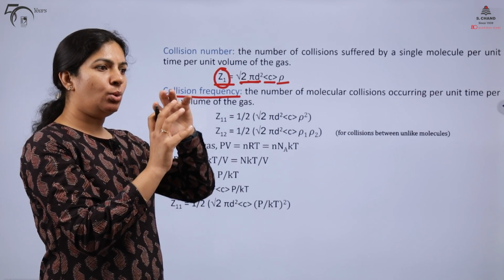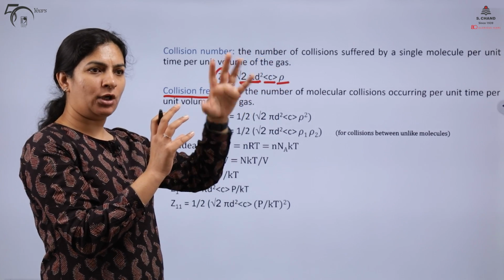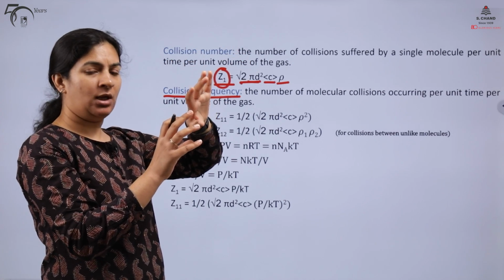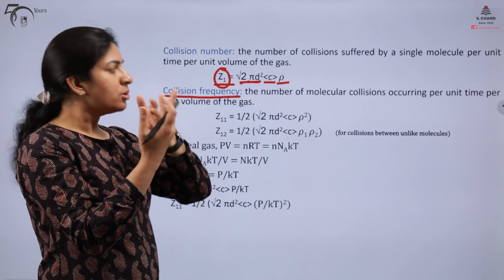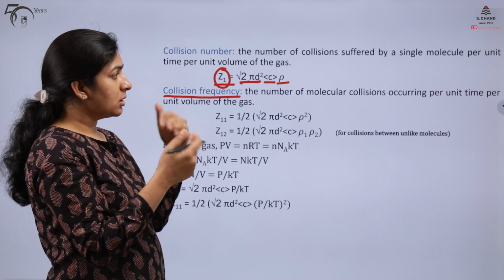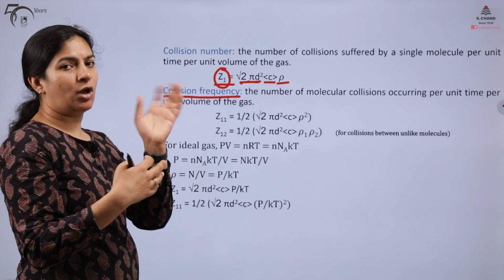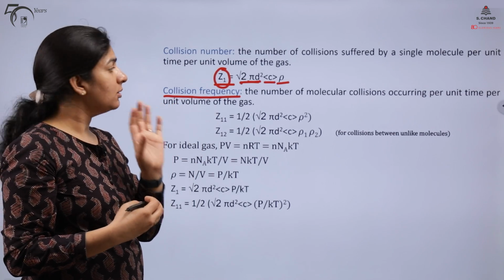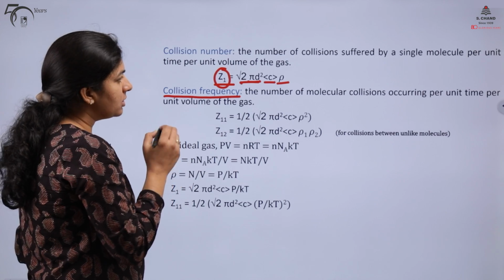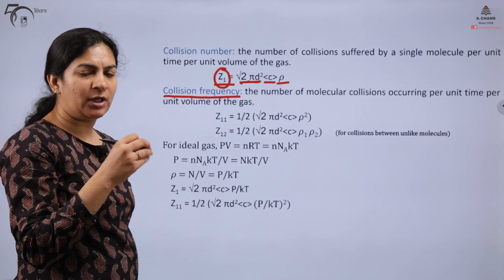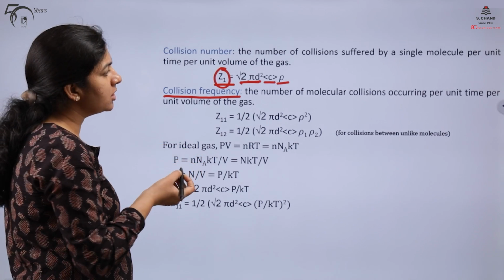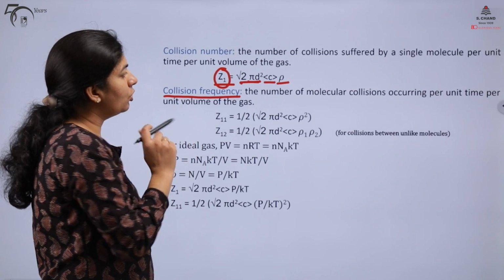That molecule 2 will have collisions with the rest of the molecules minus the second molecule, and then third, and so on. That means all these molecules are colliding with each other. So, considering the collisions between all these molecules, we can then define the term collision frequency.